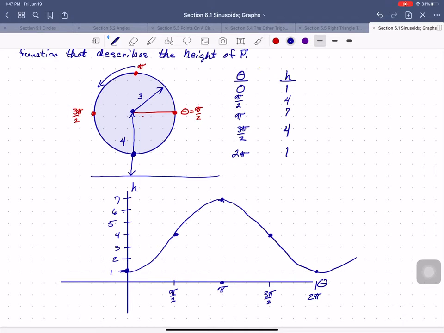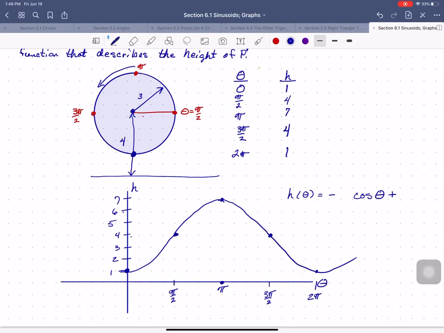So if we had started at a peak, this would be easy. We'd know it was a cosine. But we're starting at a valley. Well, our transformations will remember if we multiply by a negative number, it means we turn the function upside down. So my height is equal to negative something times the cosine of my angle plus something.